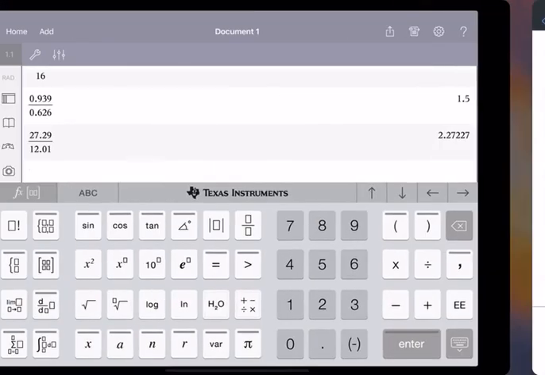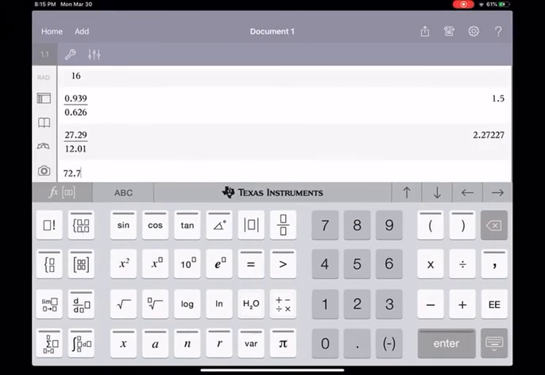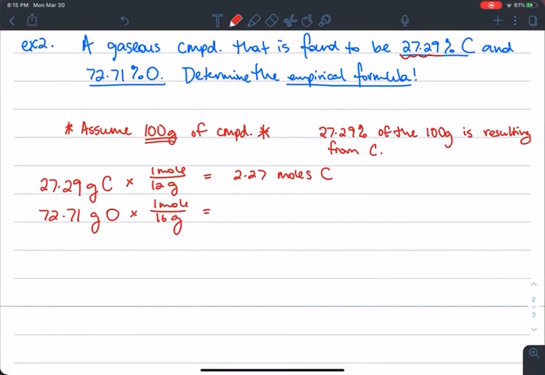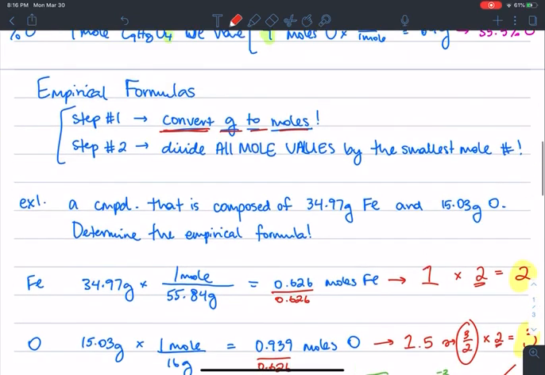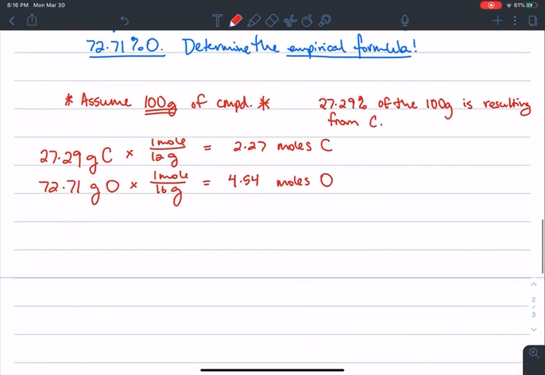And then we have 72.71 divided by 16, 4.54 moles of oxygen. So our step 2 is to divide all mole values by the smallest mole number. What's the smallest mole number here? I hope you see that it's 2.27. So I'm going to divide both of these by 2.27.